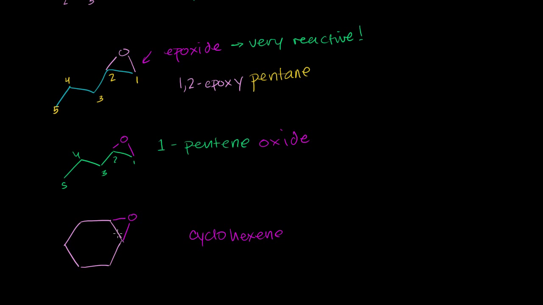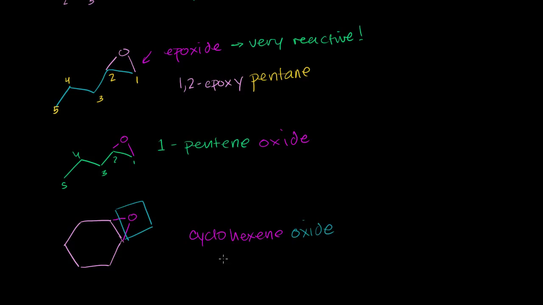And you actually don't have to specify the number when you only have one double bond in cyclohexene, because it could have been anywhere and it would have essentially been the same molecule. But since we have this oxygen here instead of a double bond that's bonding to both of these carbons, we call this cyclohexene oxide. So this part right here makes us name this cyclohexene oxide.